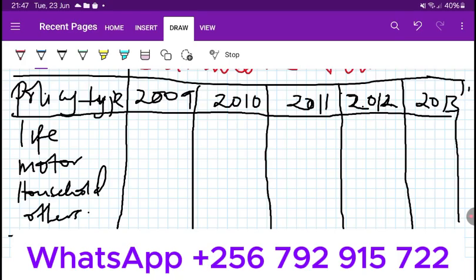It's going to be named as years. So if it is named as years, we always get the cumulative values for the years, not for the policy types. I'm repeating: it depends on what you are going to plot on the horizontal axis that determines which cumulative values I should get.